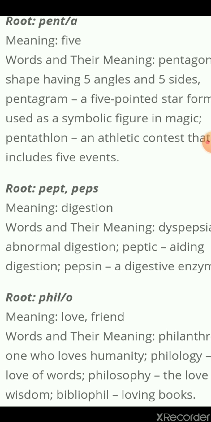So forget about the words which I am reading now. Just remember pent is equal to 5. Wherever this root has been used, it means something related to 5: number, size, angle, times, anything related to 5.